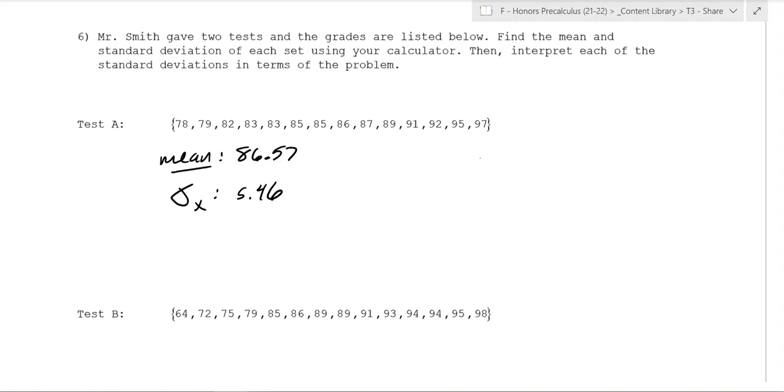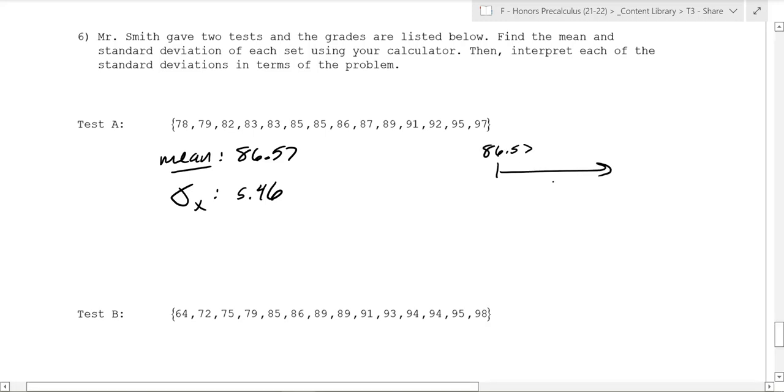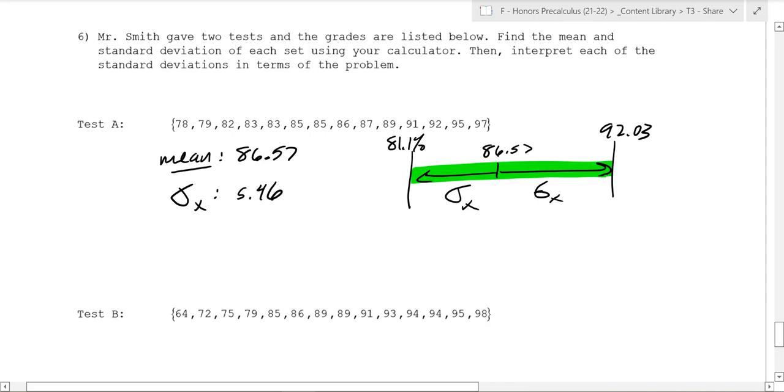So what this means is if we center this at 86.57 and you go 1 standard deviation, sigma x, each side, you add and subtract 5.46, so you end up with 92.03 and 81.1. It means that 67% of the grades are going to be between there, or about that. So most grades are going to be between there.